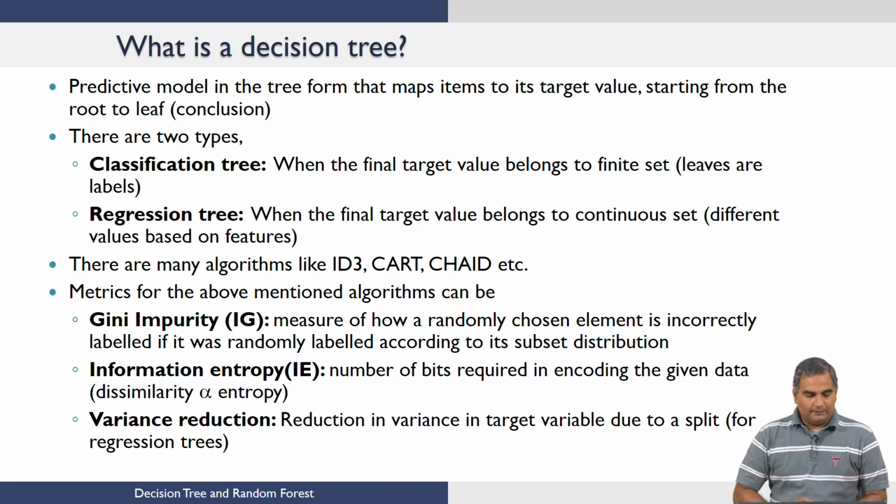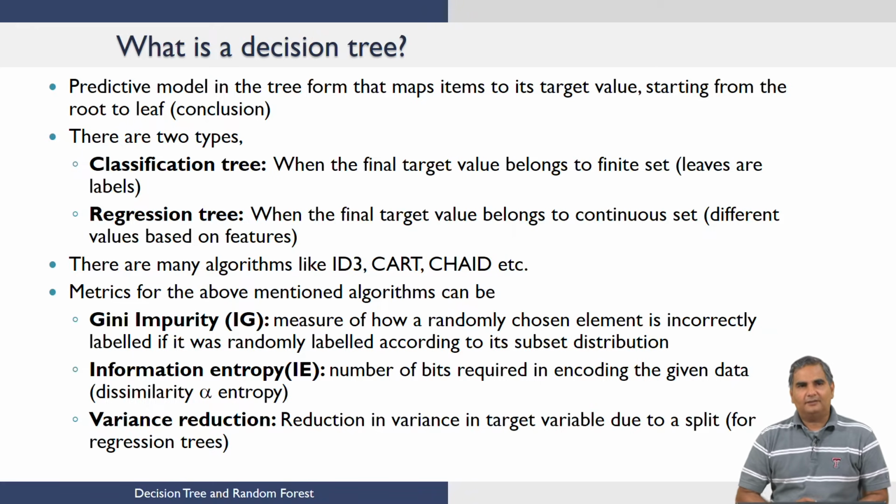And there are multiple metrics that are used in building this decision tree, and I will demonstrate how one metric works in this lecture, and you can see that the other metrics will work similarly. So, once you understand one of these, you will be able to read on your own and understand the other metrics and how they might be used.